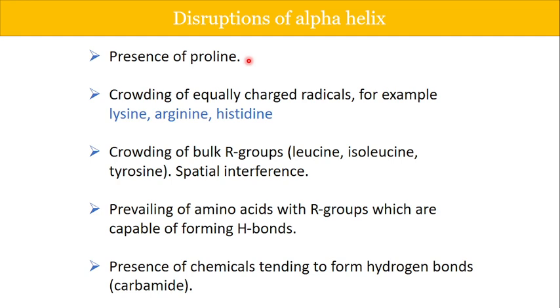Although these side chains are present outwards, if we consider the alpha helix formation as a whole, these bulky R groups would be affecting it in a different manner and disrupting it. Then the prevalence of amino acids with R groups which are capable of forming hydrogen bonds would also affect your alpha helix formation.